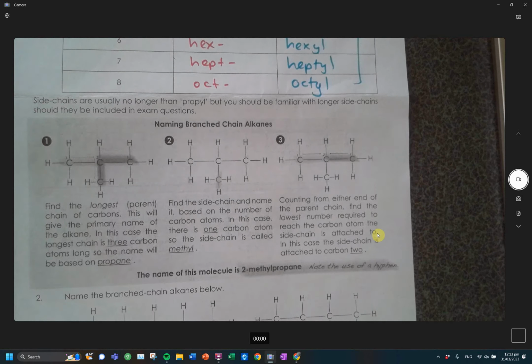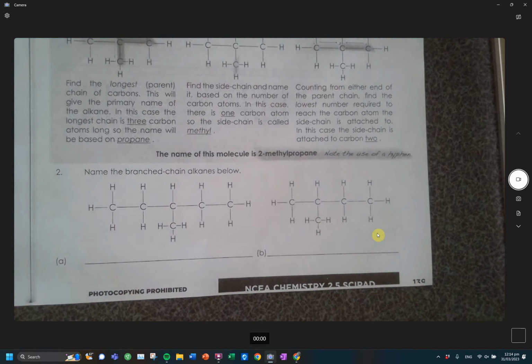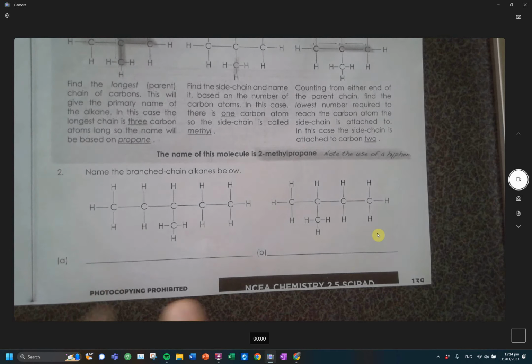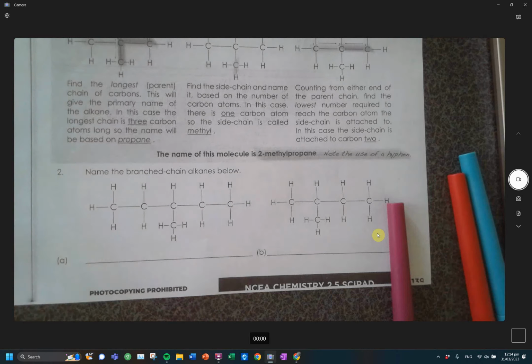I think the best way to learn how to do this is through examples. So I'll do a couple of examples. There are some fairly easy, straightforward ones, and there's some more complicated ones that I'm happy to do as well. I'll start with these two because these are nice, easy examples. I'm just going to put things in different colors so we can see the way I am numbering my chains to help us identify which one's going to be our longest chain.